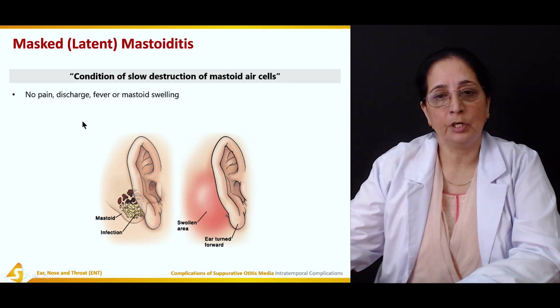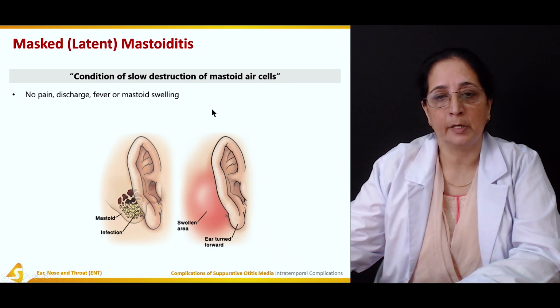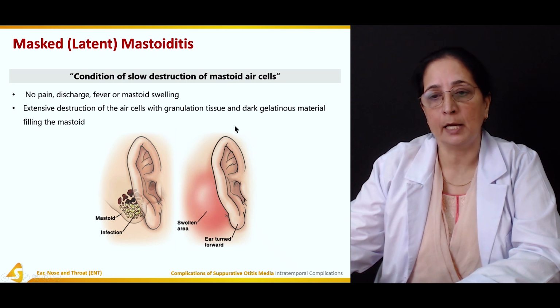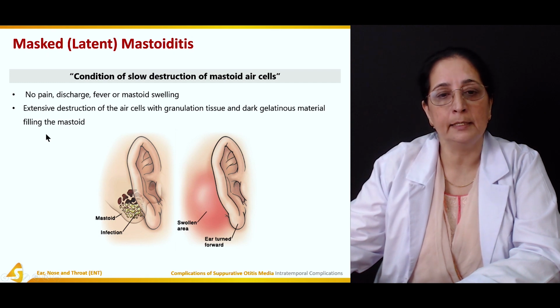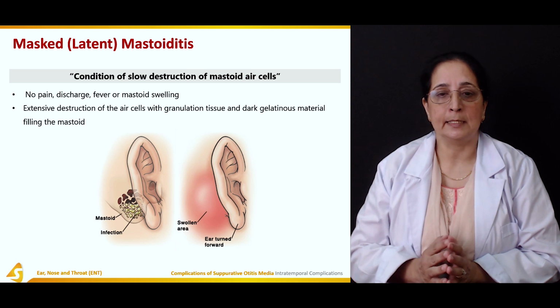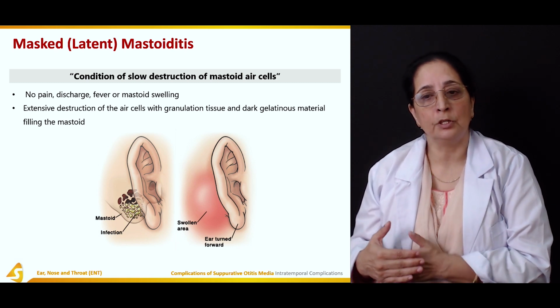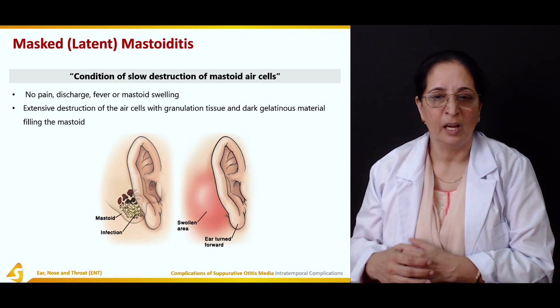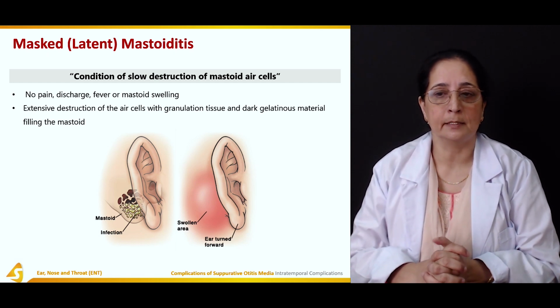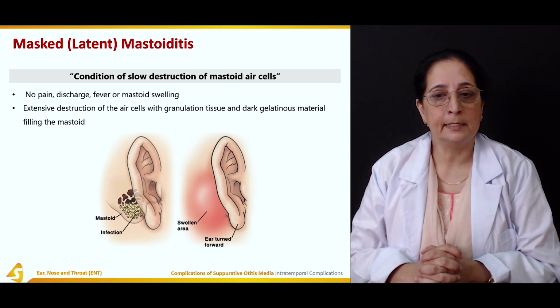No pain, discharge, fever, or mastoid swelling. Extensive destruction of air cells with granulation tissue and dark gelatinous material filling the mastoid. Since it's chronic and slow progressing, it leads to formation of granulation tissue, and dark gelatinous material fills the mastoid.